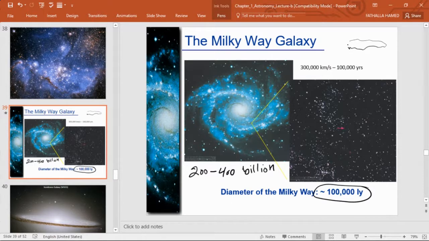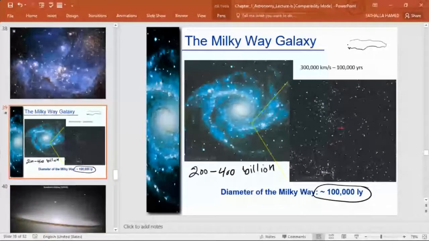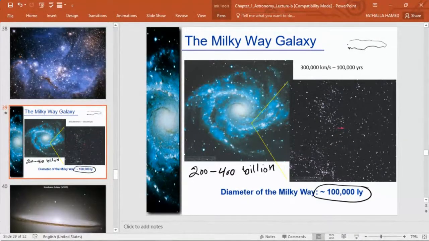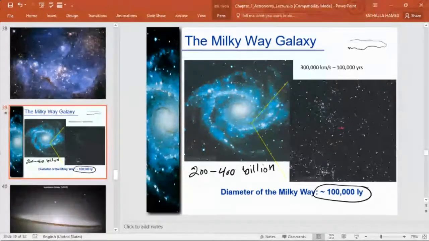So we're not translating literally, but we're using something to give the same meaning. So that's basically the Milky Way galaxy, which is our own galaxy. Now, what you see here is what we call an artistic rendition of what we think our galaxy looks like.